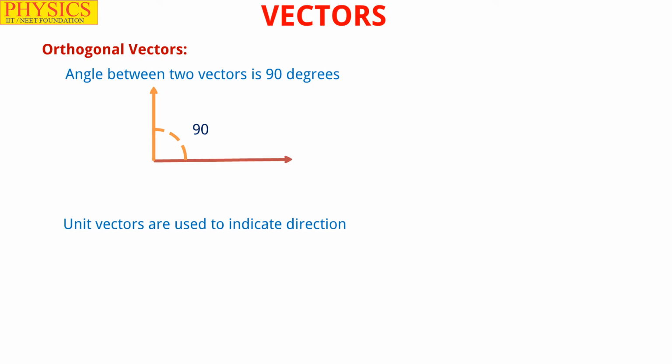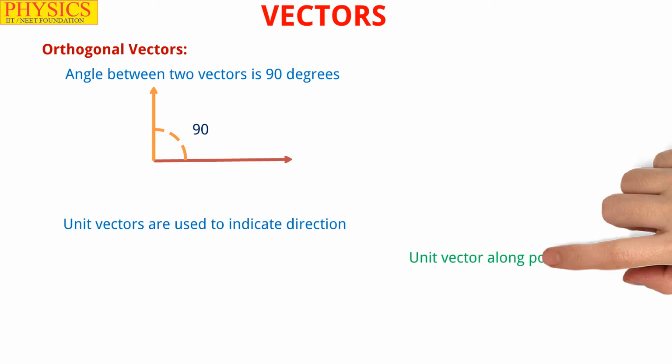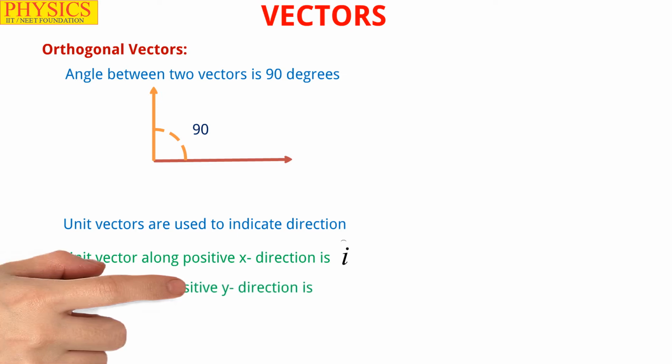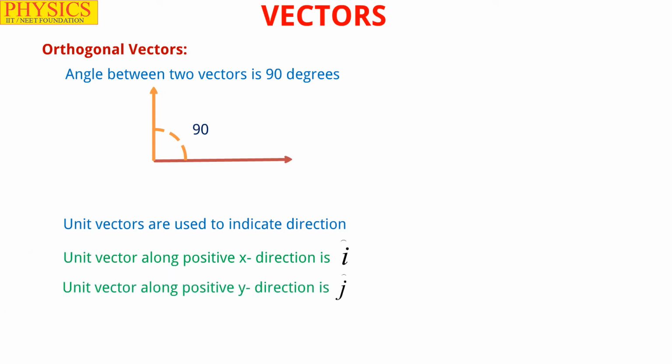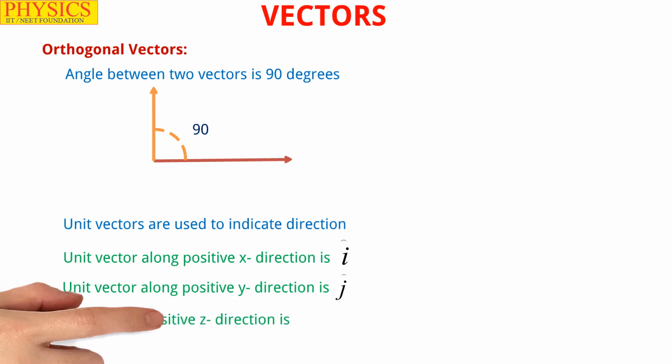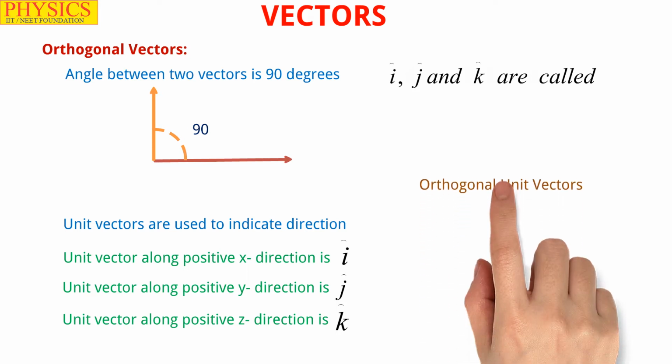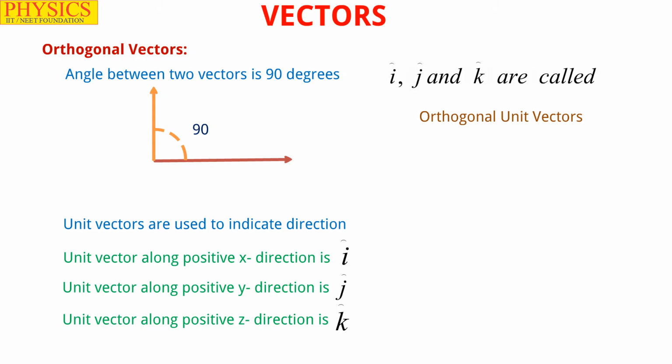The unit vector along the direction of positive x-axis is taken as i cap, along positive y-axis as j cap, and k cap along positive z-axis. Here i cap, j cap and k cap are orthogonal unit vectors. What do you call them? Orthogonal unit vectors. Very good.